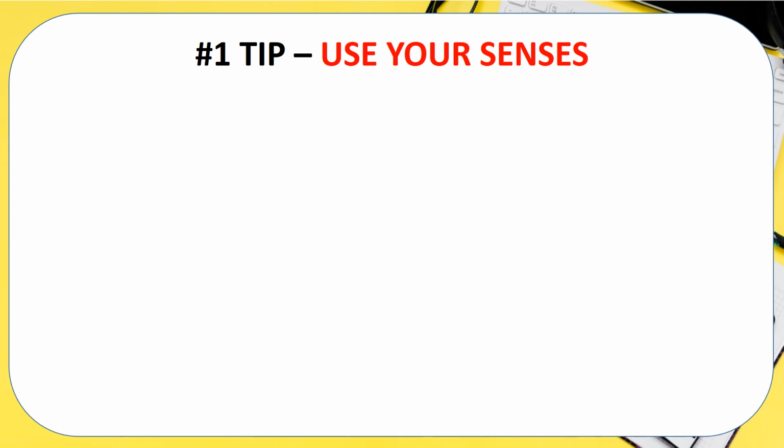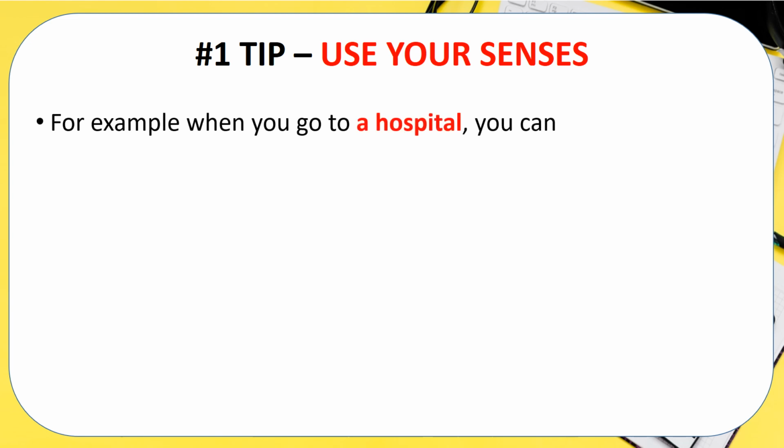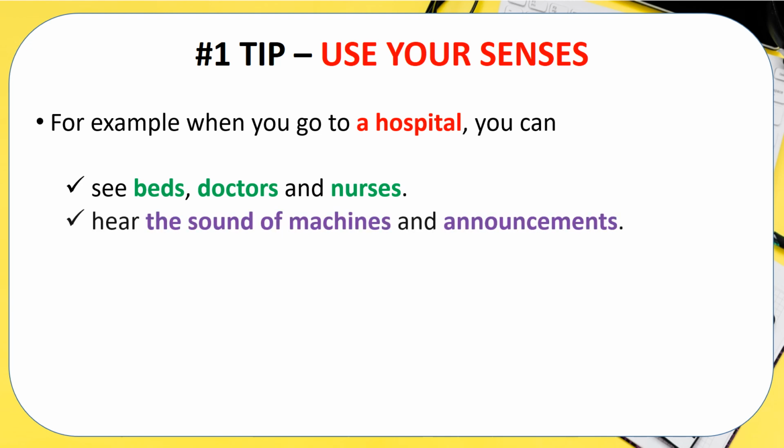So why don't we try to describe a hospital, right? So when you go to a hospital, what can you see? You can see beds, you can see doctors, you can see nurses. And then you can hear the sound of machines and announcements, right?